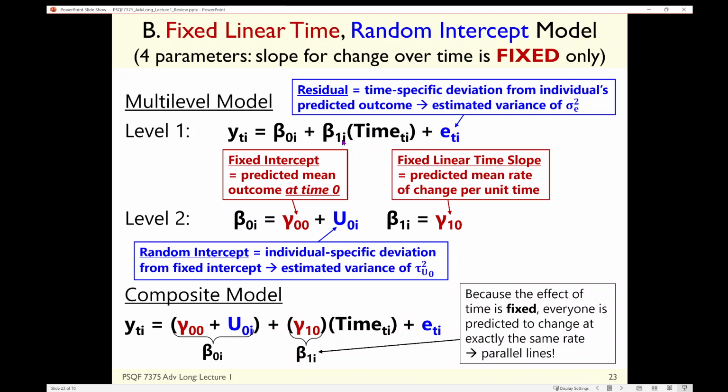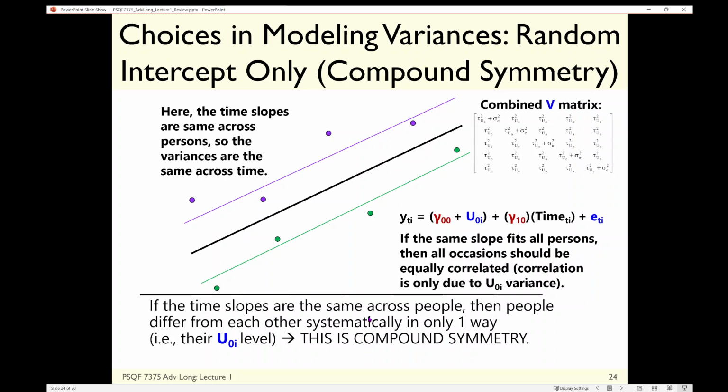And so beta 1i comes down here in the level 2 model, and this so far only has a fixed slope, so everybody changes the same as indicated in the composite notation as well. So what we're saying with respect to variance and covariance then, a fixed slope model is still consistent with a compound symmetry V matrix. It's saying that the variance stays the same over time because the trajectories are indeed parallel.